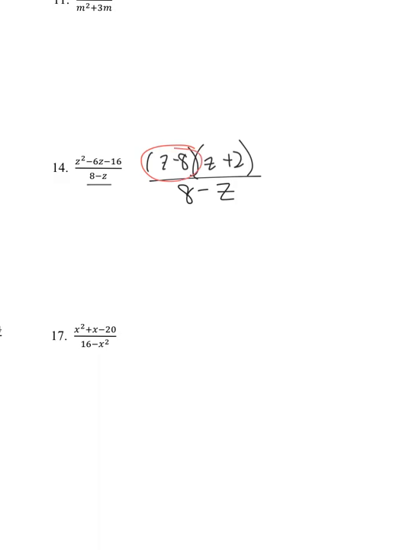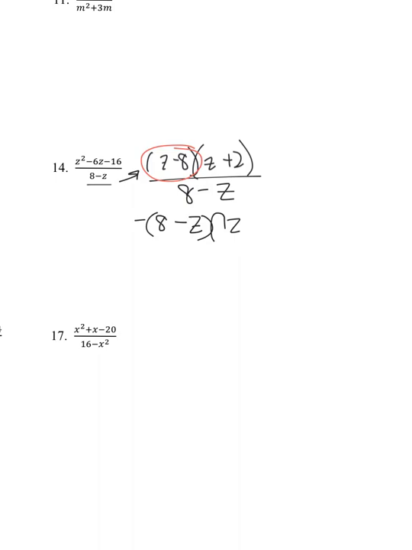So I'm going to take it out of here. If I factor out a negative 1, it's going to become negative times the quantity of, so z divided by negative 1 gives me negative z. Negative 8 divided by negative 1 gives me a positive 8. So I factored a negative 1 out of this binomial.